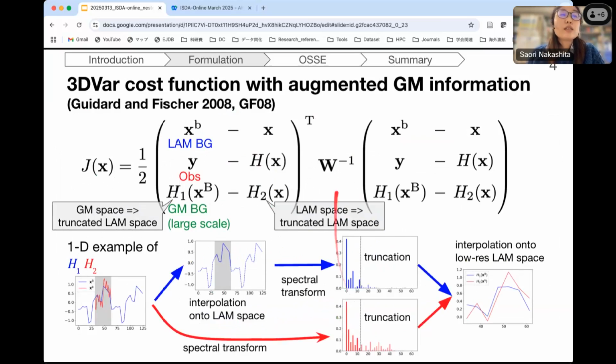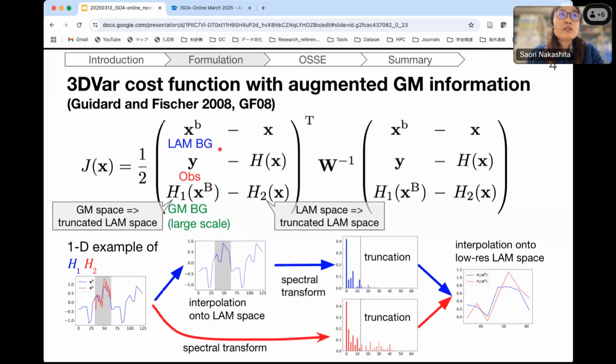So first, I review the alteration of the cost function with augmented GM information proposed in GF8. In the cost function, the control variable x is the state vector in LAM space, and lowercase b indicates the LAM backgrounds, and uppercase B indicates the GM backgrounds.